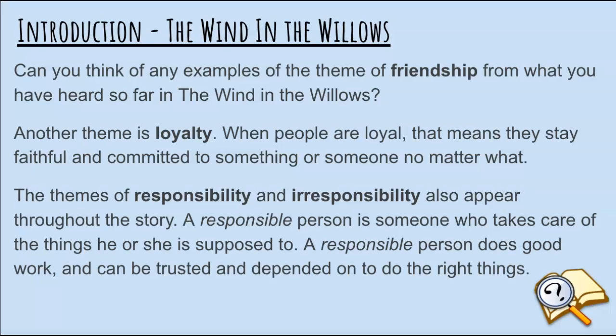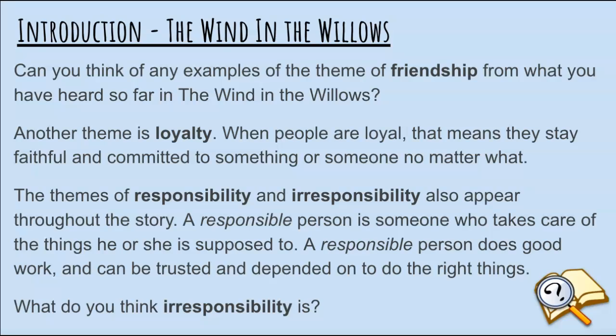The themes of responsibility and irresponsibility also appear throughout the story. A responsible person is someone who takes care of things he or she is supposed to. A responsible person does good work and can be trusted and depended on to do the right things. So what do you think irresponsibility is?